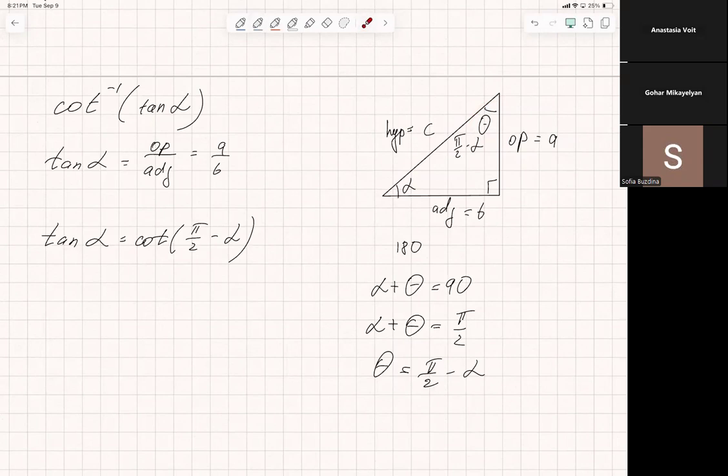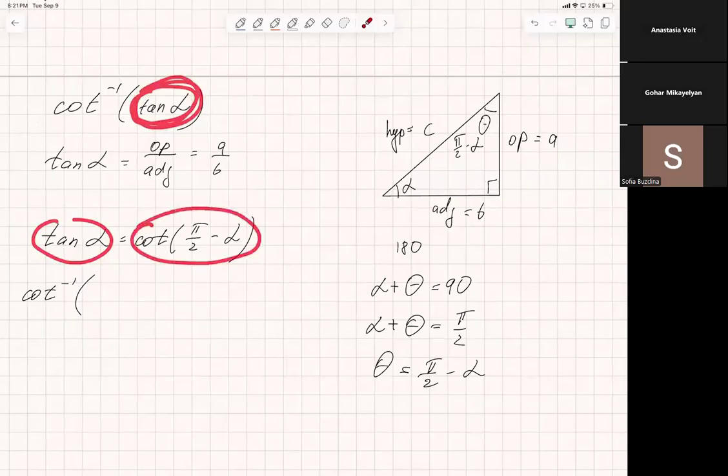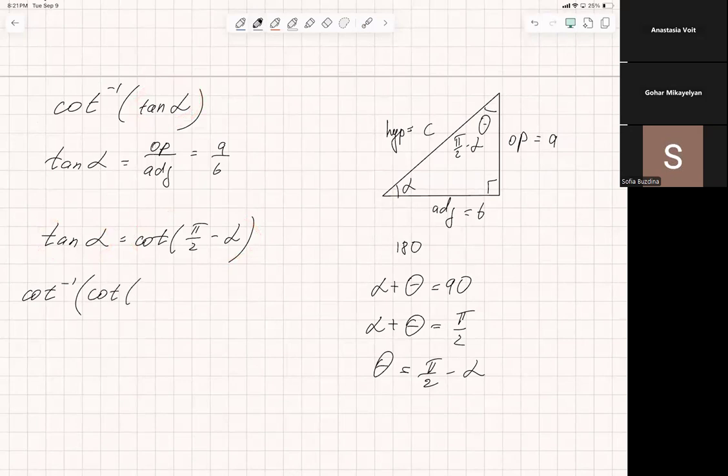So now when we work with the cotangent inverse, we will substitute the tangent in the argument with the cotangent of pi over 2 minus alpha.